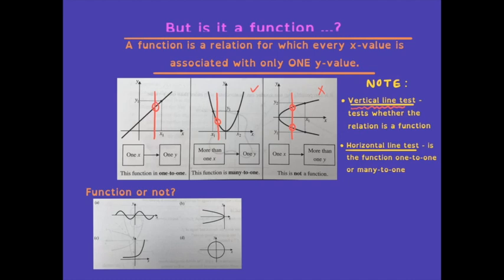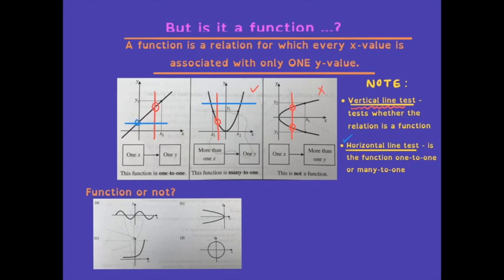So next up is the horizontal line test. So what is that? Well, the horizontal line test is how I determine, now that I know I have a function, what kind it is. The vertical line test showed me that your graph was a function because your ruler or pencil was cut once. Now I turn my ruler onto its side and hold it horizontally.